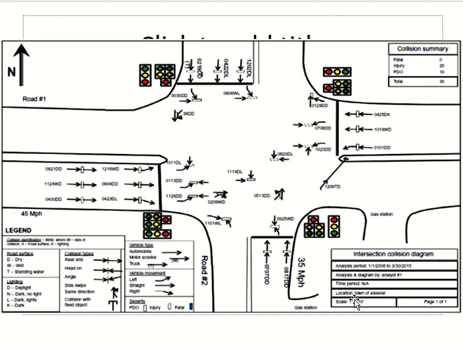Lighting condition. Type of collision you have, type of crash you have.